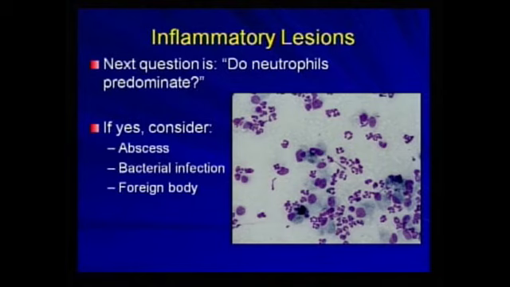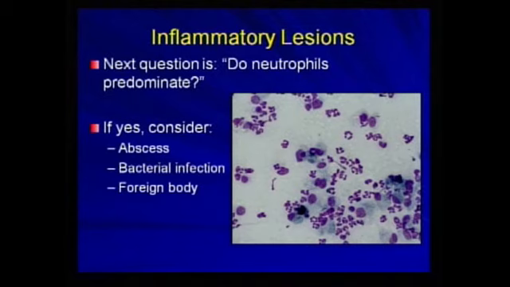If over 90% of the cells are neutrophils, you're dealing with active suppurative inflammation. Now obviously in an abscess, you're going to have large numbers, almost exclusively neutrophils. And a lot of them will be degenerate. They will rupture on making the smear.